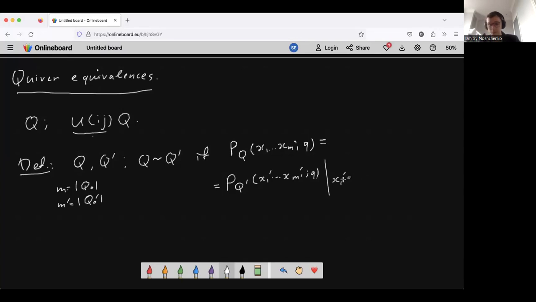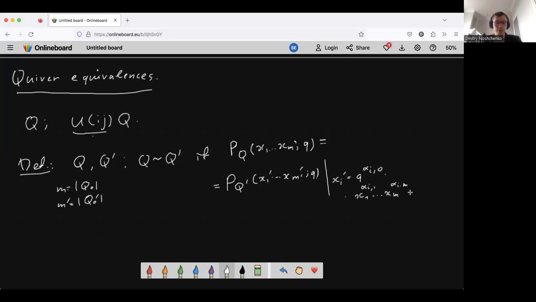So we have to put xi prime equal to q to the alpha i, if there is some dependence of these parameters, alpha i1, alpha in.